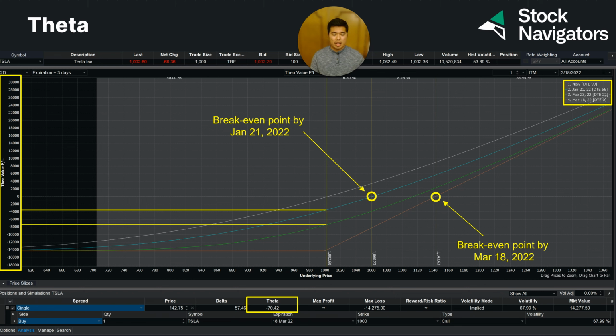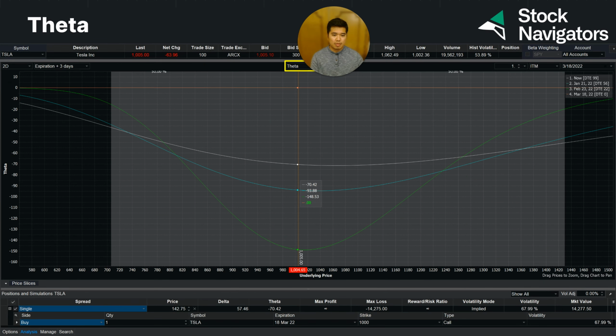Looking at this curve, you can tell how time decay will affect the value of your option at each day and each different price level of the underlying stock.